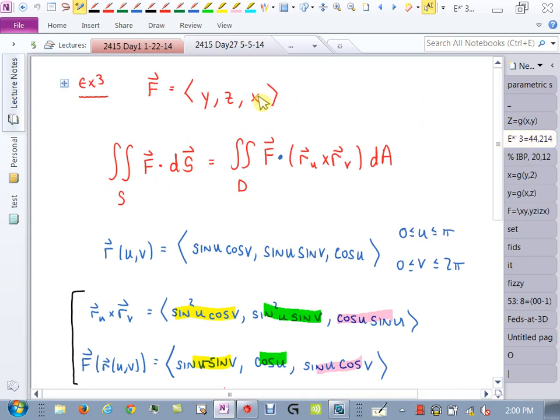Okay, so what we had was a vector field, remember? And we were trying to find the flux across the unit sphere with this vector field. So we said the flux is this, but the flux is also this if we can take the vector field and dot it with the cross of the parametric equations.